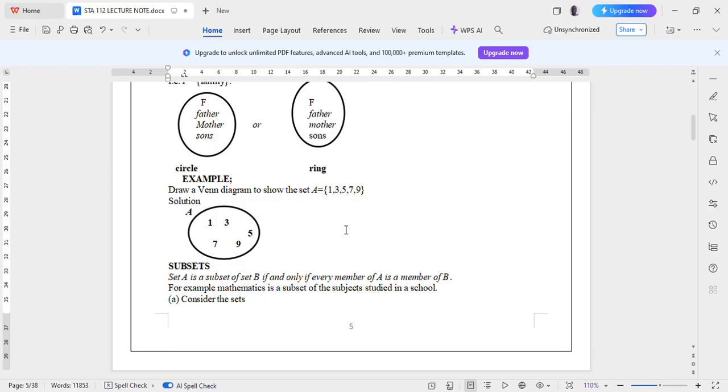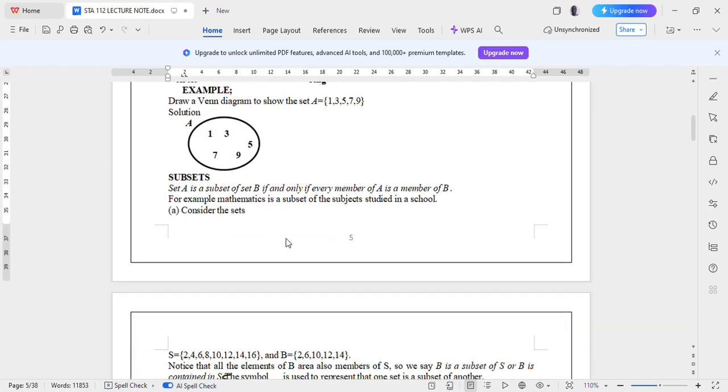Another thing is a subset. Let's talk about subset now. A set A is a subset of B if and only if every member of A is a member of B. Let me just give an example. You are a set of computer science students. So you are a subset of students in your school, or in your faculty, or in the entire school at large.